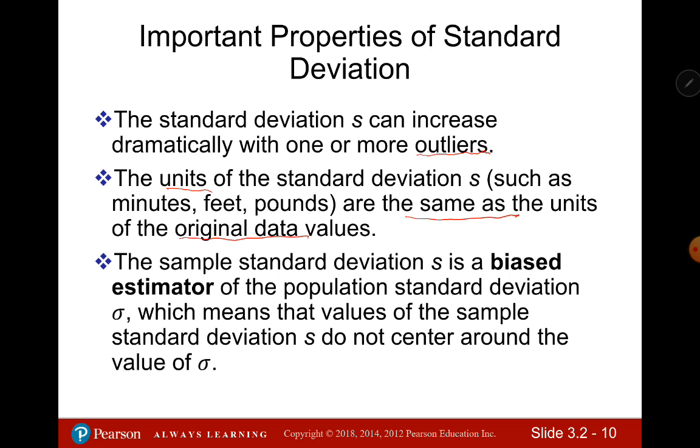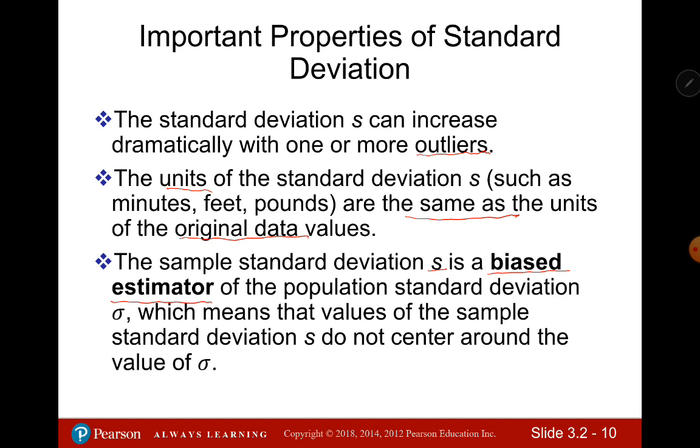So far, we learned lots of measures, measures of center and some measures of variation, something like range. The units of these measures are just the same as the original data, but the next one will be different. And we should know the standard deviation S is a biased estimator.